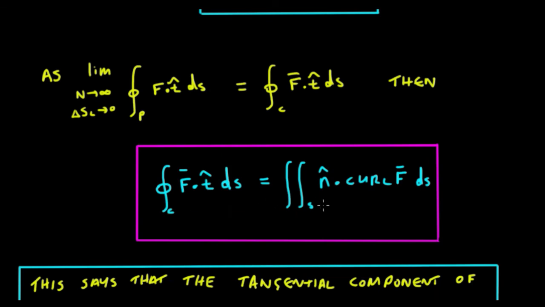So finally we can write out Stokes' theorem, which tells us that the normal component of the curl of a vector field over a surface is equal to the line integral around a path of the tangential component of that same vector field, where C is the route over which the surface has been capped.